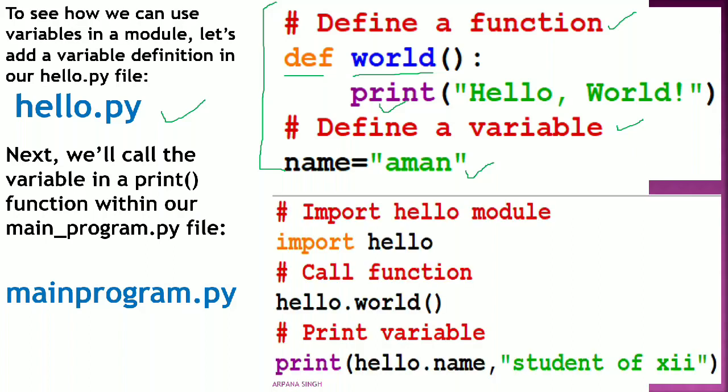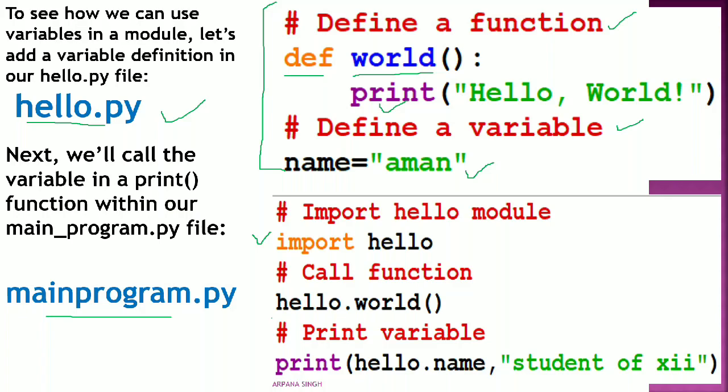And this is one more program which will be saved with the name main program.py, and here you'll write import hello. That is this file name. You don't write hello.py, write only hello. And then you remember one example, math.sqrt, module name dot function name.